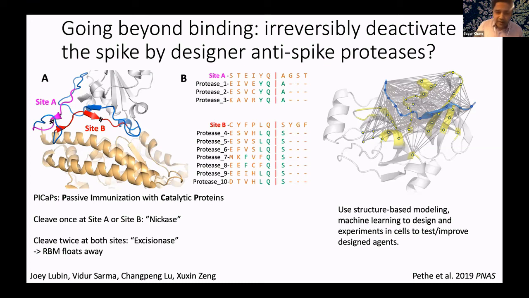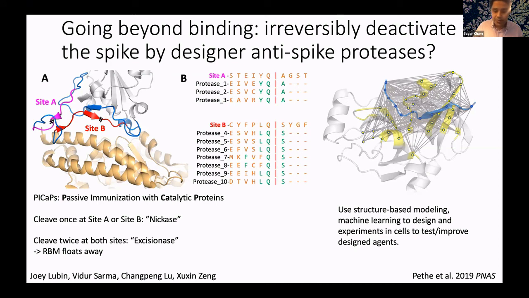The advantage with catalytic proteins would be that they would be required in much smaller amounts compared to binding-based reagents, where if you have 100 RBDs or bad guys that you want to neutralize, you need 100 good guys to block them, or somewhere there.